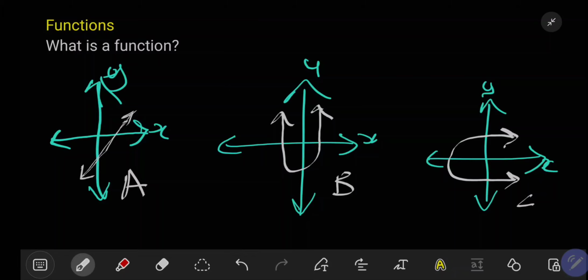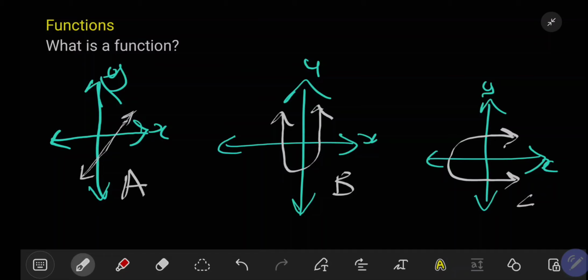We said we are going to use a vertical line test to check whether a graph represents a function or not. So how does this vertical line test work? If a line is drawn parallel to the y-axis, and that line cuts the graph only once, then the graph represents a function.